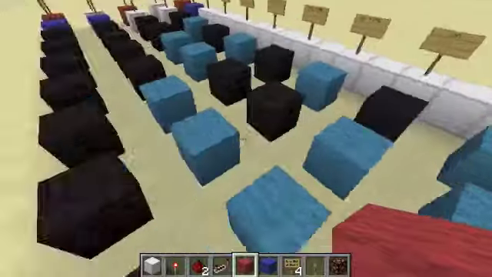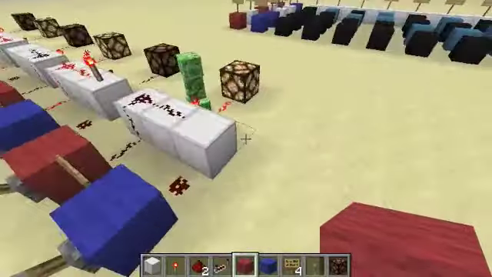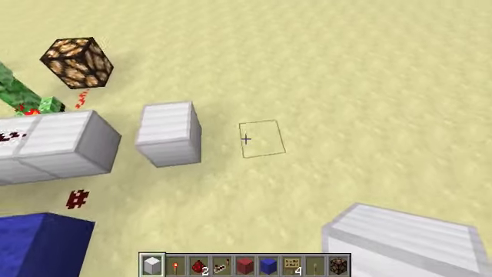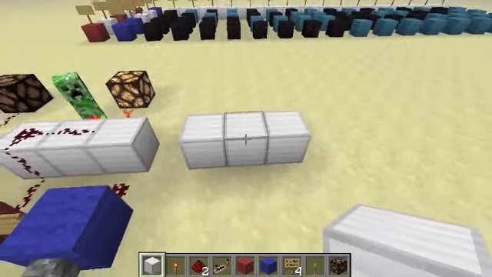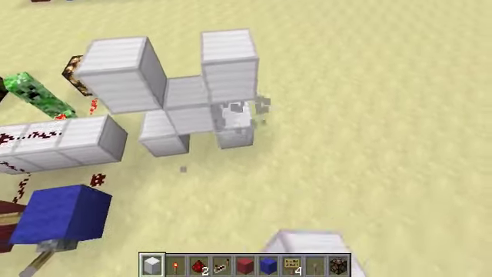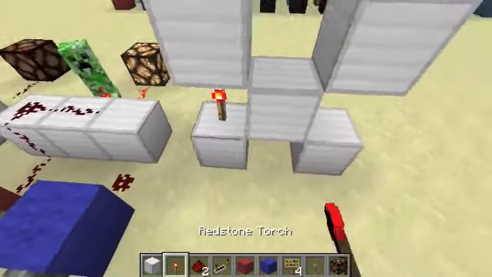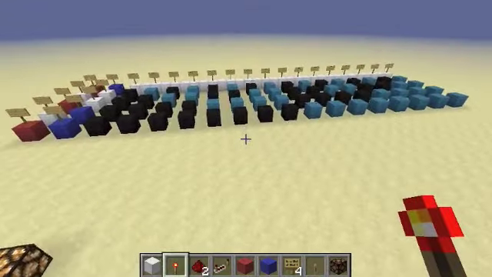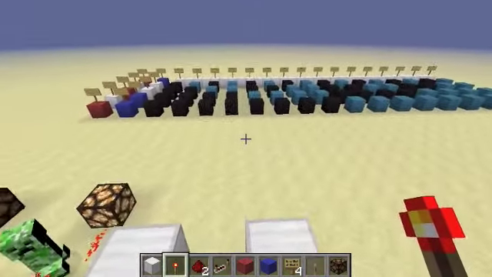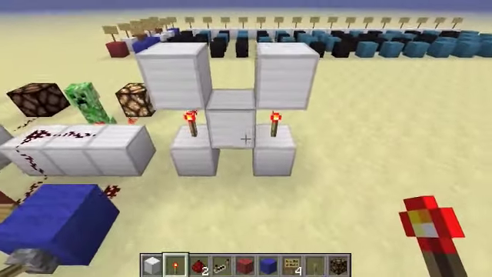Now XOR. XOR is a slight bit more complicated in Minecraft, at least, because it requires a bit more logic to do. Basically, in order to build this gate, notice it's only true when A or B are on exclusively. It won't be on for both of them being off and both of them being on.